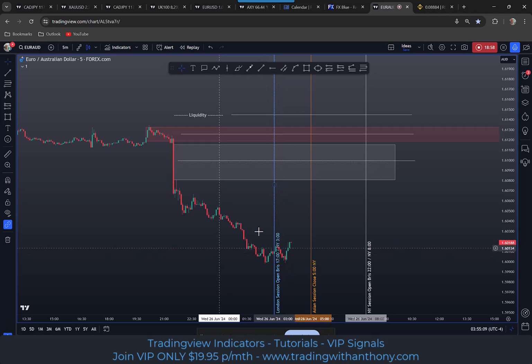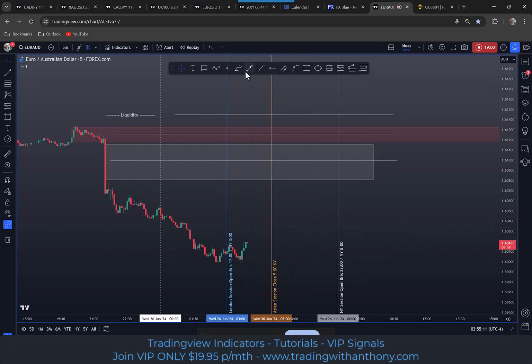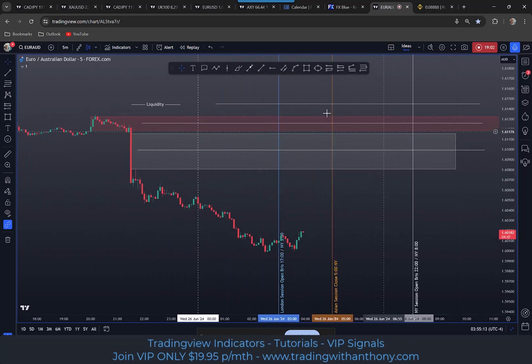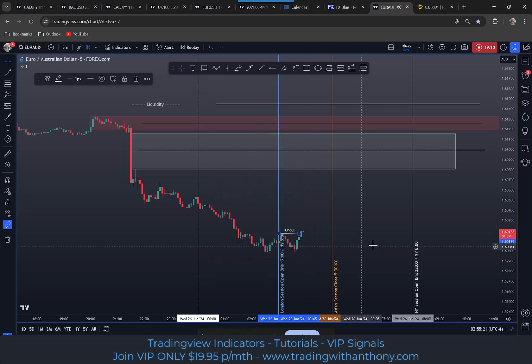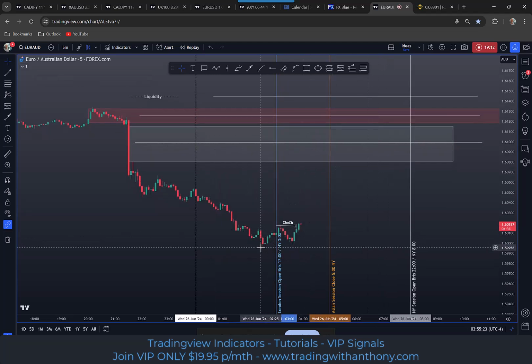Like, see this for example, see here, we've got this shift in structure as I'm speaking. This higher high possibly is setting up, right? Changing character, possibly. Higher low, all right?